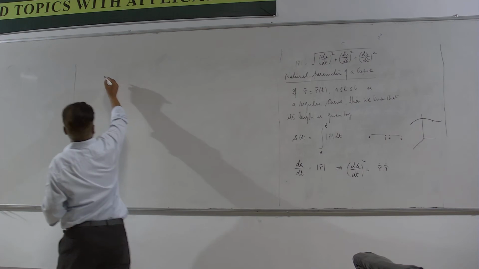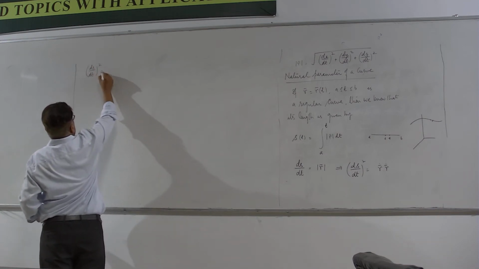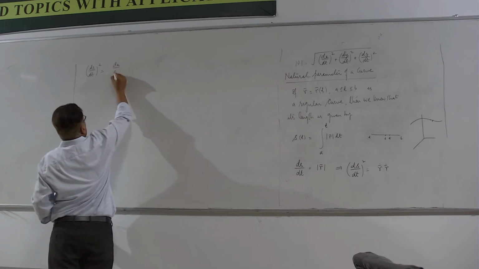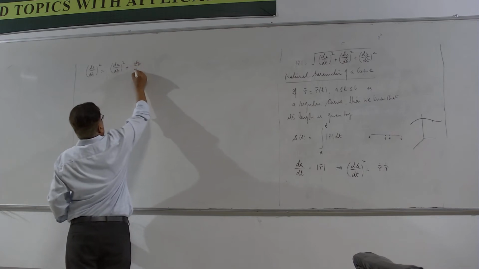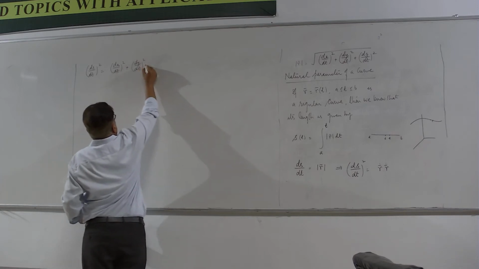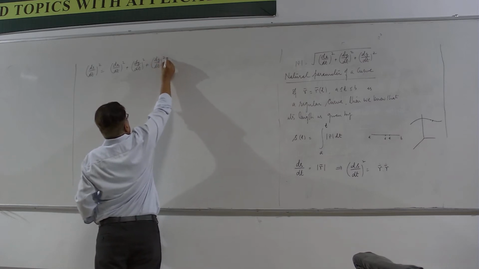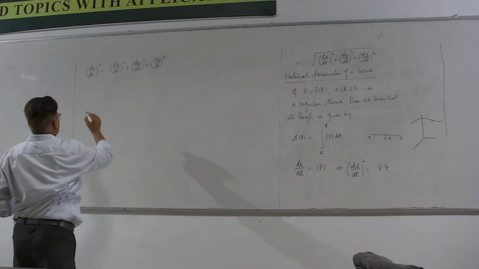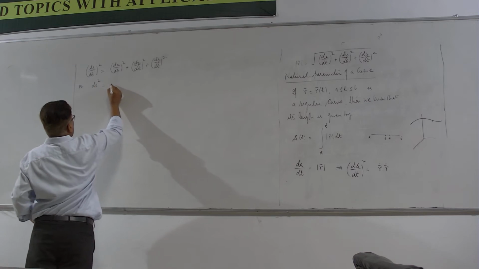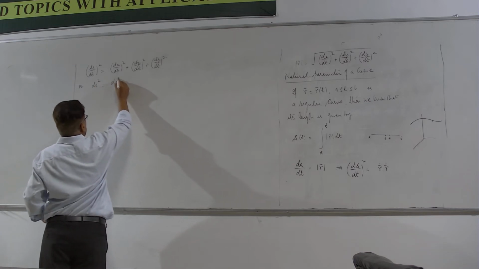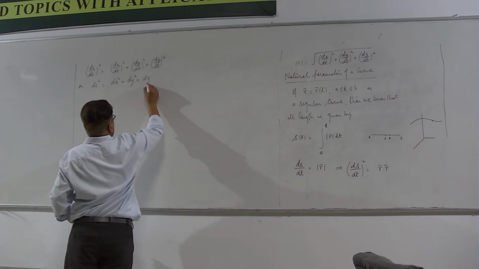So, from here I can see that (ds/dt)^2 is equal to (dx/dt)^2 plus (dy/dt)^2 plus (dz/dt)^2. Or in short, in terms of differentials, I can write ds^2 = dx^2 + dy^2 + dz^2.